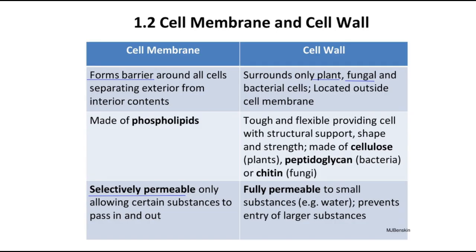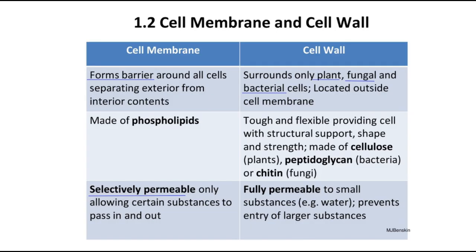So in case you see that word before, oh yes, I have it here. That's the material of the cell wall in the fungi. So it's present in plant cells, fungal cells, as well as bacterial cells. It is located outside the cell membrane, surrounding the cell membrane.